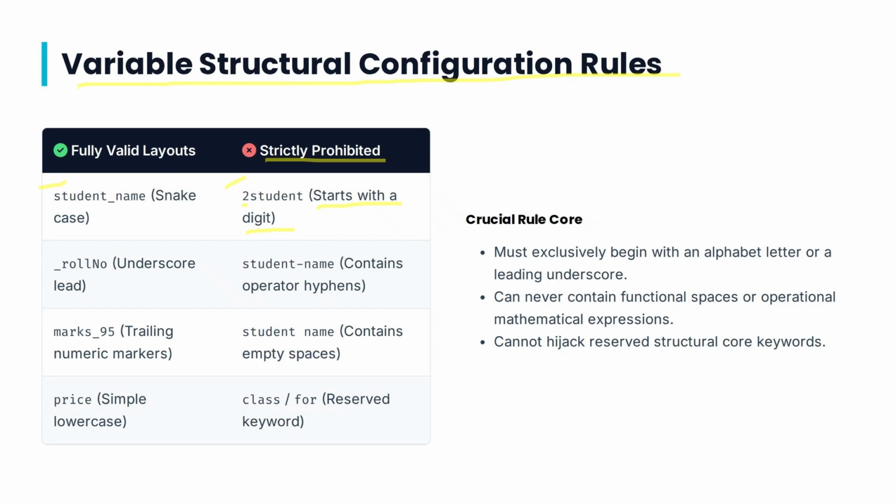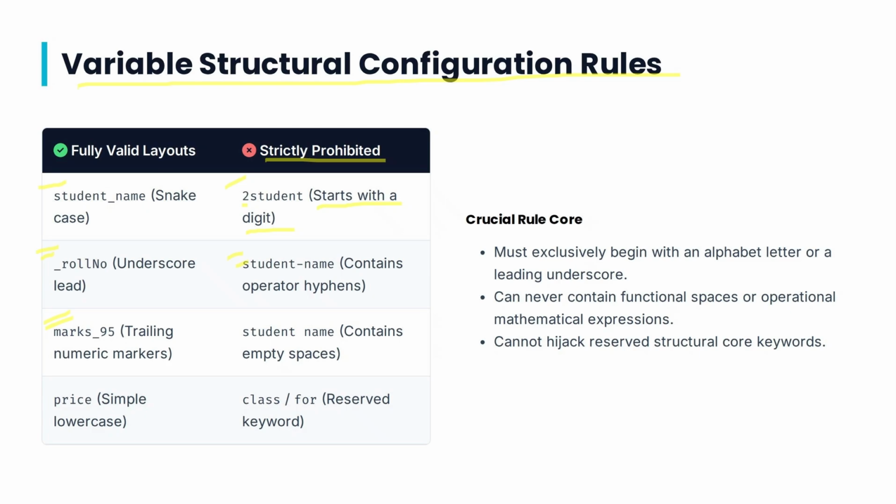Then this is a valid one, _roll_number. An underscore can be leading, and it can be trailing too, but student-name cannot happen. It contains an operator, the hyphen. This is illegal. Here, marks_95. I just said trailing can also be there.